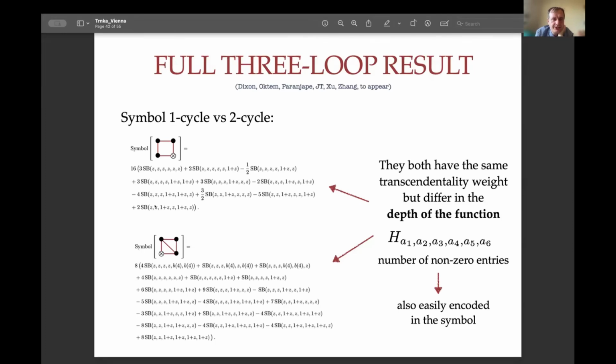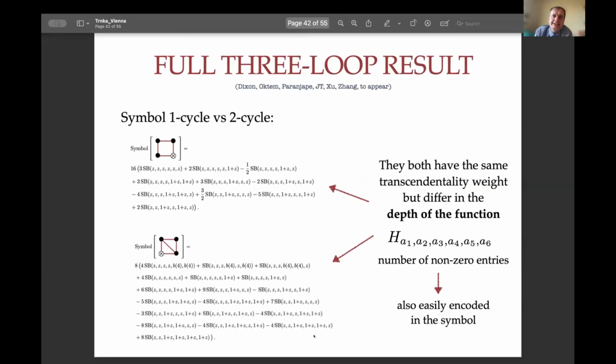It's about the number of different symbol entries present. The only two symbol entries which are allowed are z and 1 plus z, and the number of 1 plus z entries controls the depth of the polylogarithm. So the two-cycle object has the maximal number of 1 plus z. And actually the two-cycle and three-cycle objects both already saturate the maximal depth.